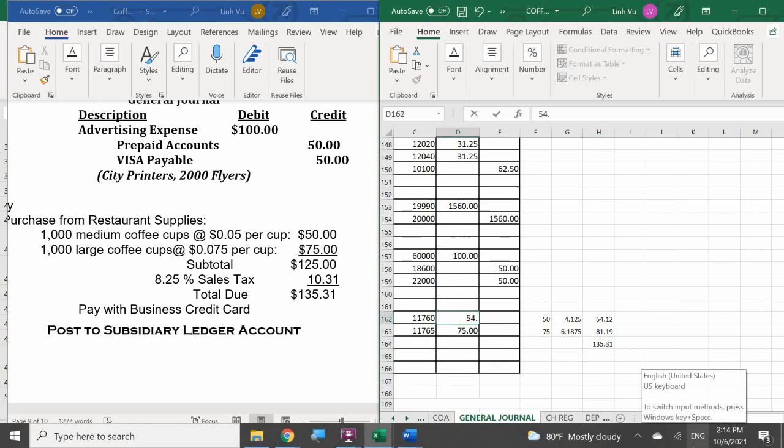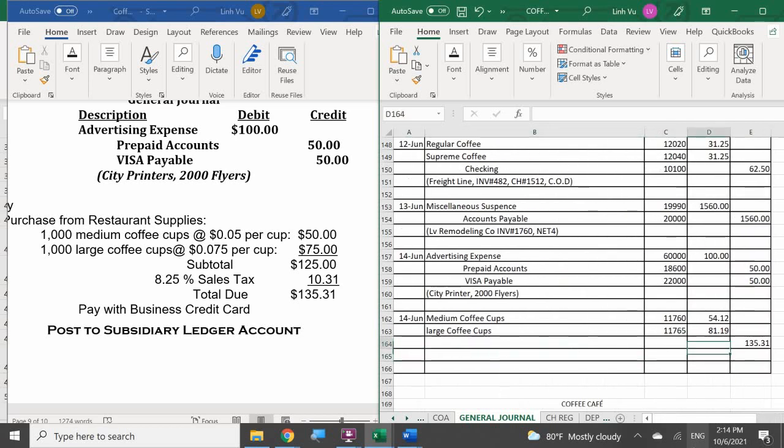So I have to be careful in which one I round up because it's not going to add up if you round up both of the numbers. I paid 135.31, not 135.32. This is based off of adding the two numbers together and then putting the tax there.